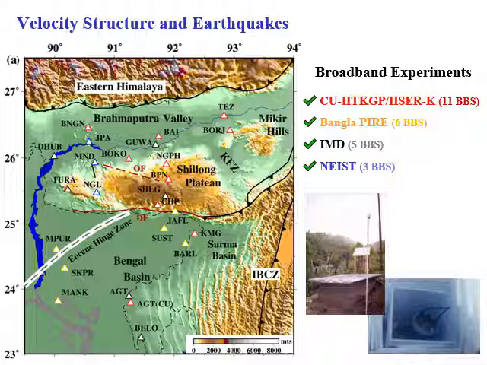The second one is the BanglaPIRE network for which we acquired data from the IRIS DMC. The third one is the Indian Meteorological Department stations. There are 5 of them, broadband stations, which are plotted as black triangles, and the fourth one are the stations which are operated by the Northeast Institute of Science and Technology, which are color-coded blue.